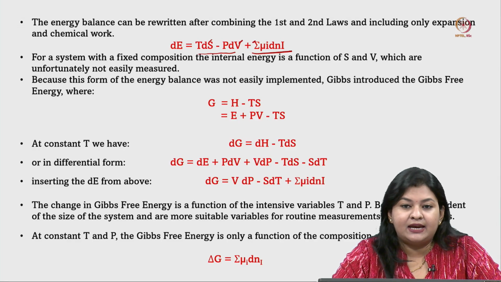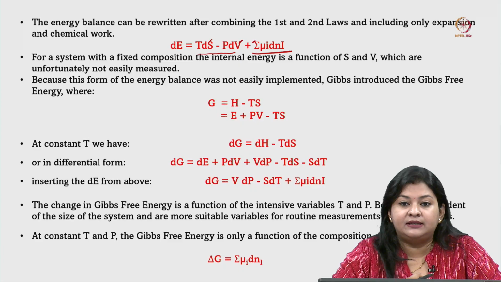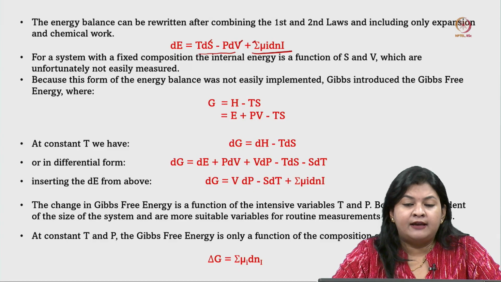Changing entropy is very difficult to measure. Temperature change, pressure change and volume change are easy to measure, but change in entropy is difficult to measure. Because of this, we are going to rearrange our terms.